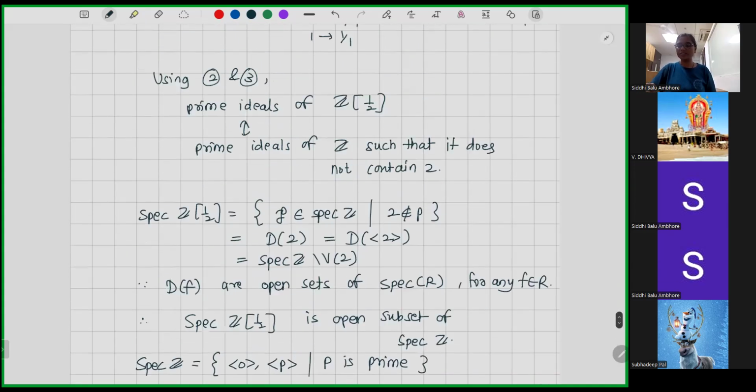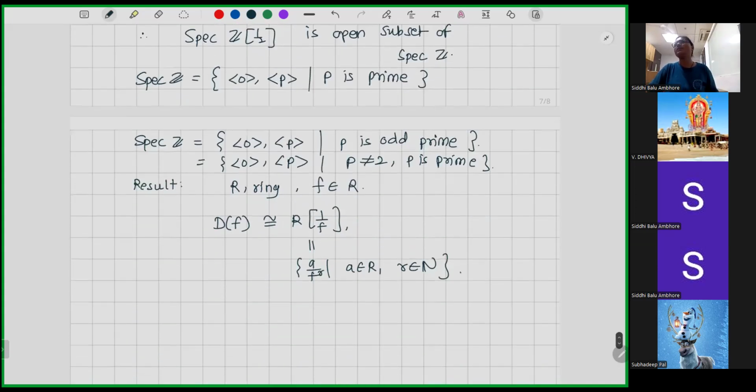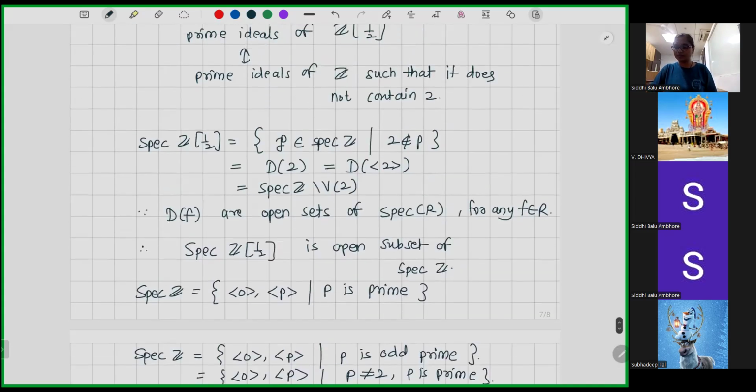So instead of this 2, if I had 3 or 6 and so on. In the case of 6, I will have to remove two prime ideals, 2 and 3, to have this. So in the multiplicative case, we have to remove all the primes which contain that element, if you understand what I'm saying.